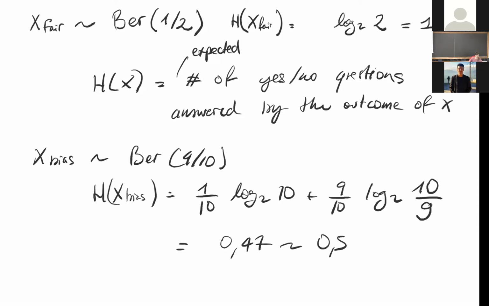To summarize, the Shannon entropy of a random variable can be seen equivalently as the average information content, which means also the expected information gain when observing the outcome of this random variable. So here it's really an interpretation in terms of information.